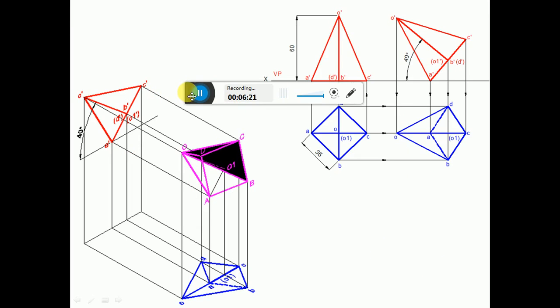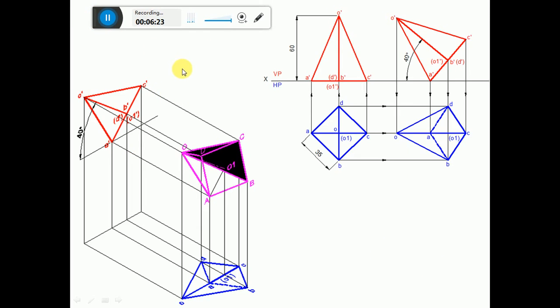Now, since it is resting on one of the corners, you make that A dash on XY line. Since the axis is inclined at 40 degrees to HP, we are going to make the base inclined at 50 degrees. So consider any point on the XY line, and then by using the protractor you measure an angle of 50 degrees here with respect to XY line, and then you draw a line.